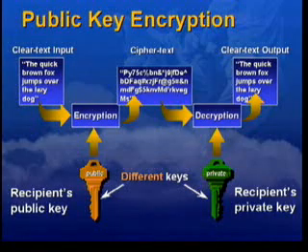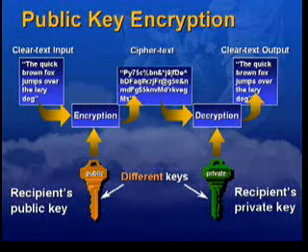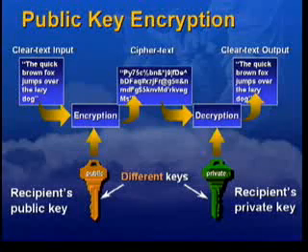And the public key is the one that he wants to advertise to the world. So this public key is usually distributed on an address book type of application, or using LDAP, or using X.500 directory services.